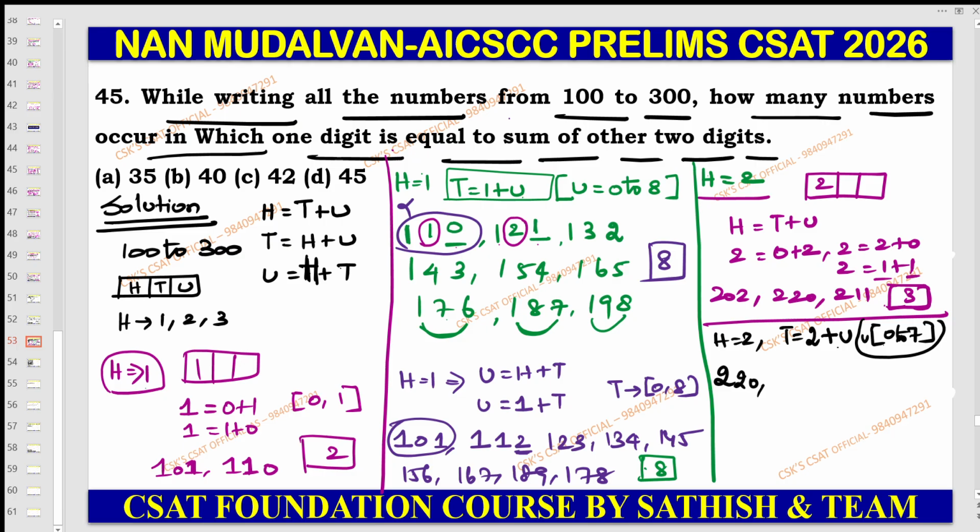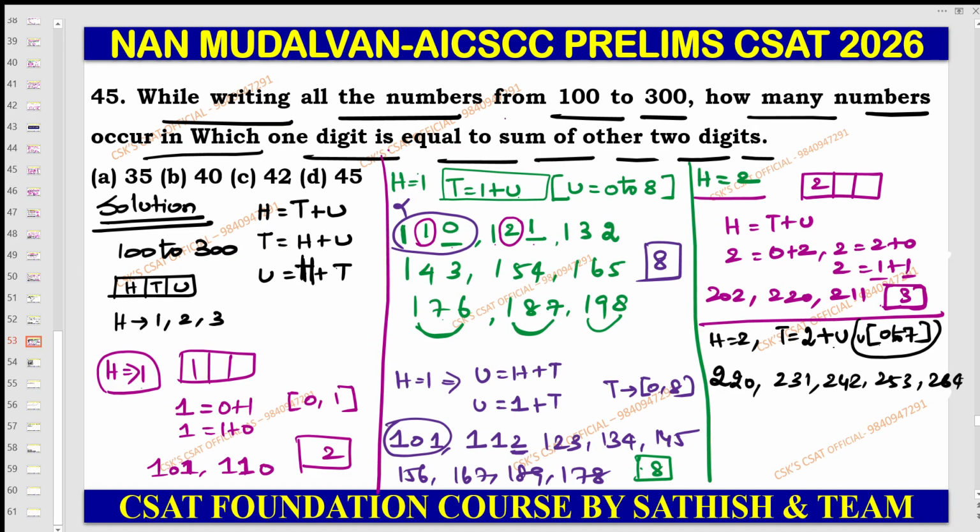If you place a 1 here, it becomes 231, 242, 253, 264, 275, 286, 297. 220 is already present there, so you should not mark this one. Like that, you have to work on it.